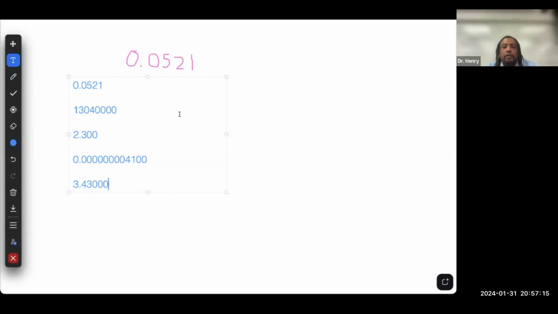Okay. So we're trying to determine the number of significant figures.